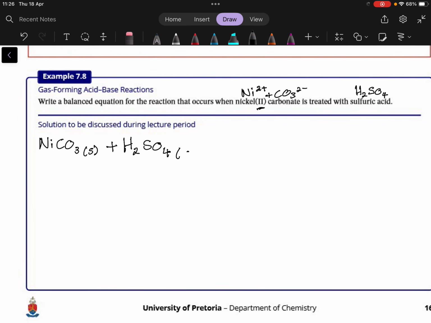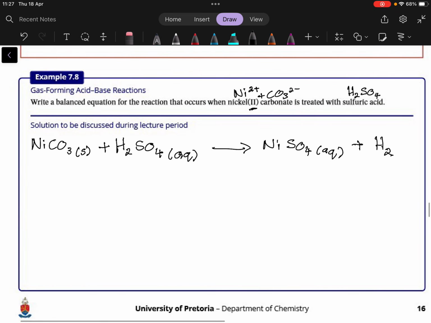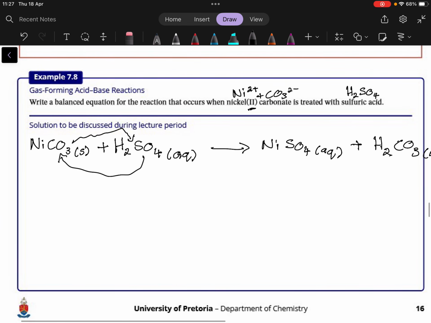H2SO4, that's going to be aqueous. This then forms nickel sulfate, plus what? H2CO3, remember? So it's an exchange reaction. The carbonate goes there, the sulfate goes there. And we just said that thing is very unstable.